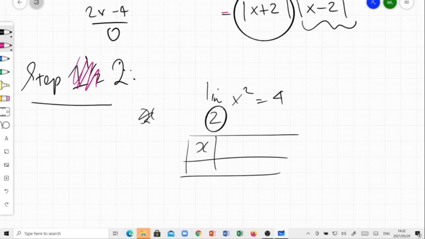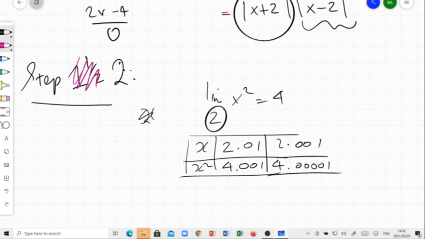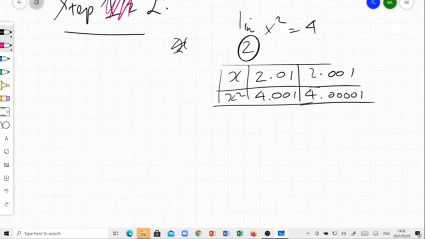For example, you did 2.01, 2.001, then you squared them and got 4.001, 4.00001. But notice that none of you in high school studied x equals minus 2 or x equals minus 100.